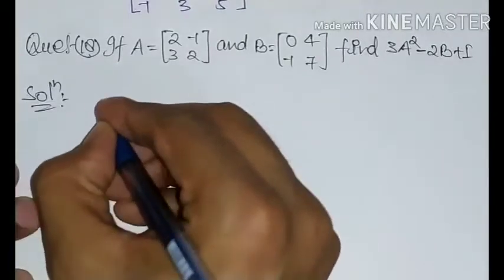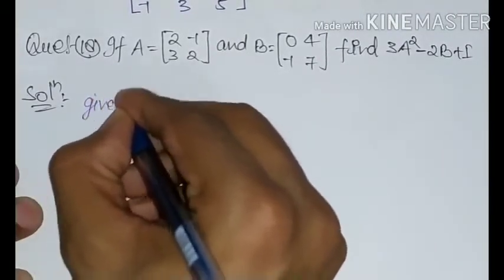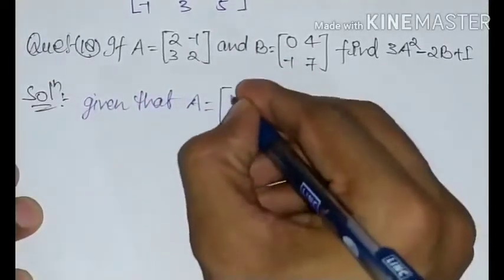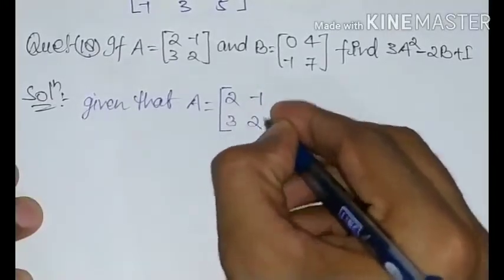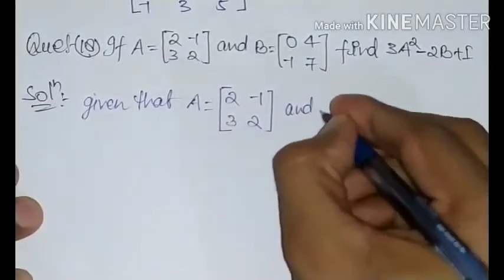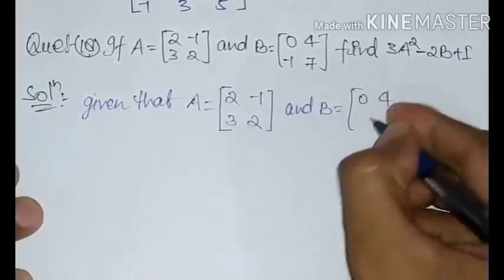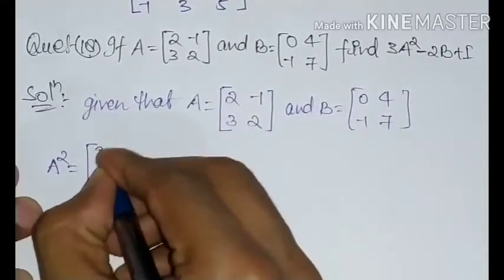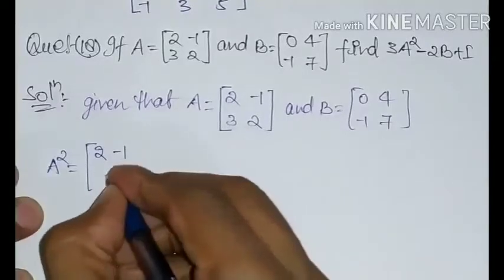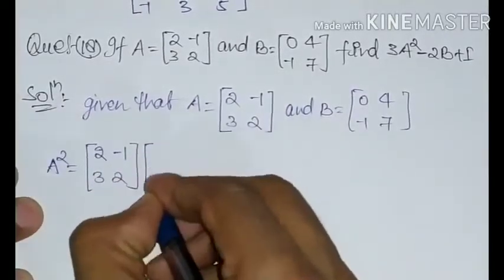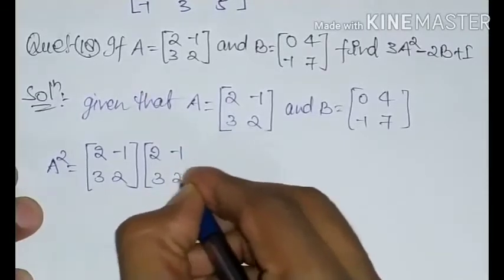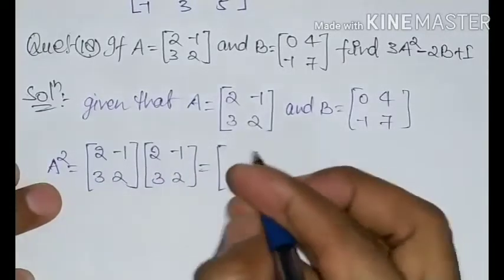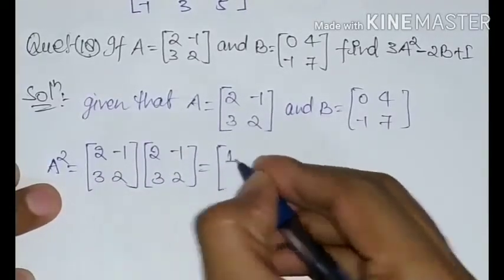First, the given: A equals 2 -1, 3 2, and B equals 0 4, -1 7. Here A square will be 2 -1, 3 2, again 2 -1, 3 2. First row and first column: 2 2s are 4, 3 times -1 is -3, 4 minus 3 will be 1.